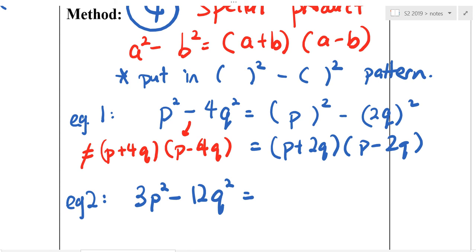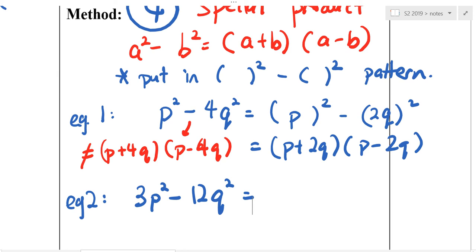Nisa, can I put into bracket square minus bracket square? Answer is no. Because what times what will give you 3? An ugly number. Wrong. It's not 1.5. It's square root 3. So the number is very strange.